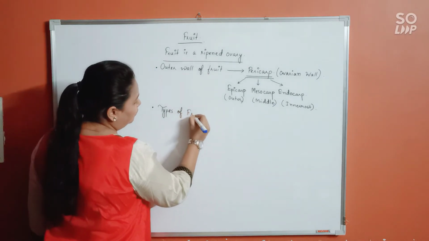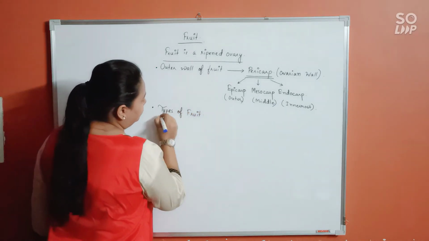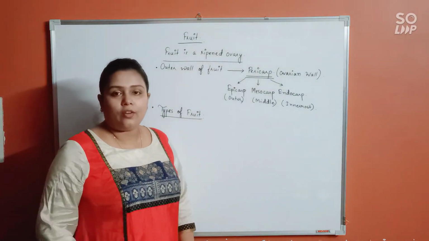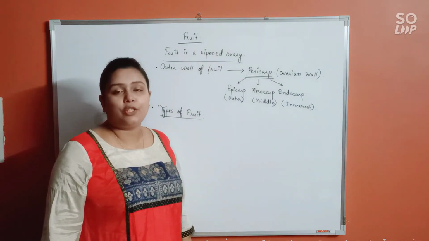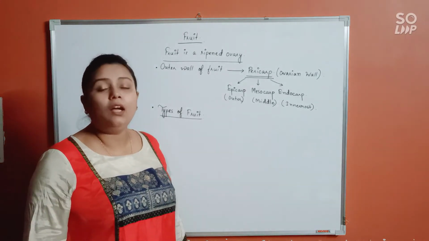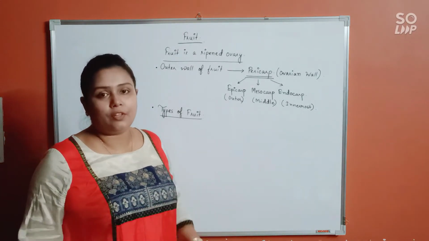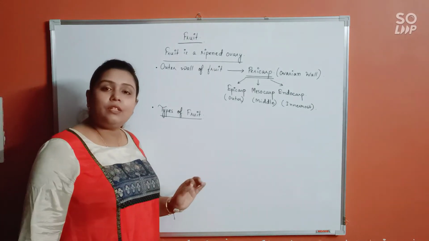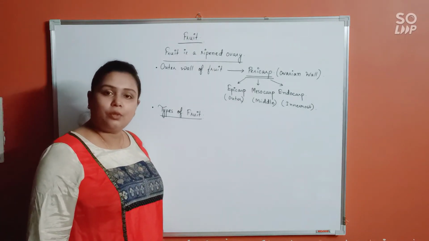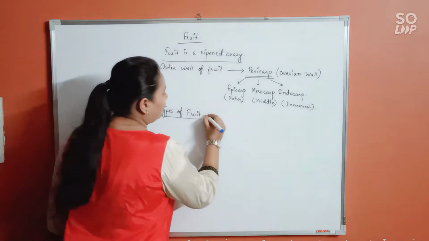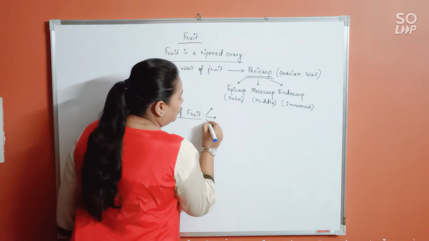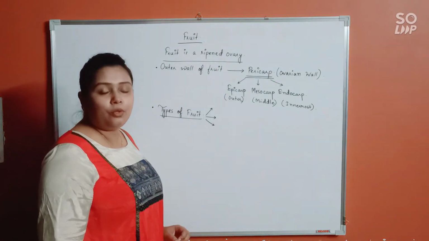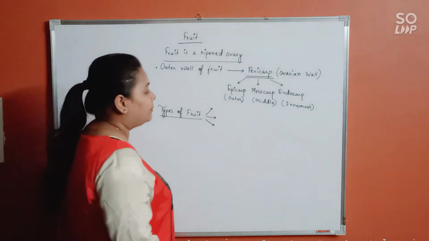So now types of fruit. Now we are not going to talk here about the classification of fruit that you have learned in the morphology chapter, where you have seen so many different types or categories of fruit. Here we are going to discuss the types of fruit. You again know, or try to recall, there are three types of fruit based on their origin, isn't it?